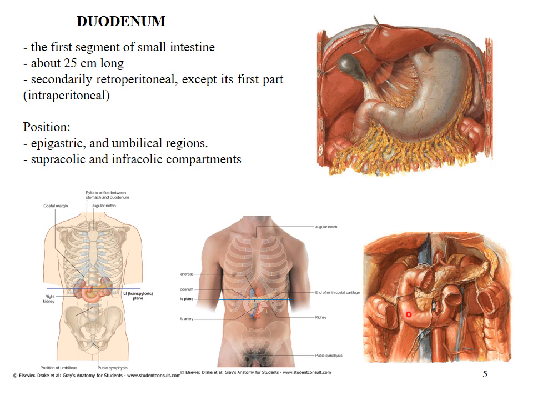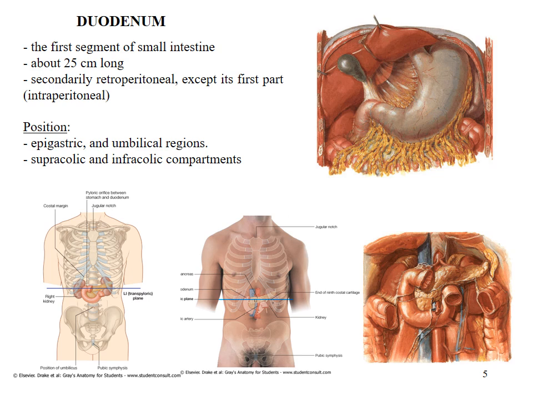This is the 12 thumbs, and its coil has a C shape, and duodenum is secondarily retroperitoneal, except its superior part, which is intraperitoneal, covered by the visceral peritoneum and connected to the porta hepatis by the hepatoduodenal ligament.